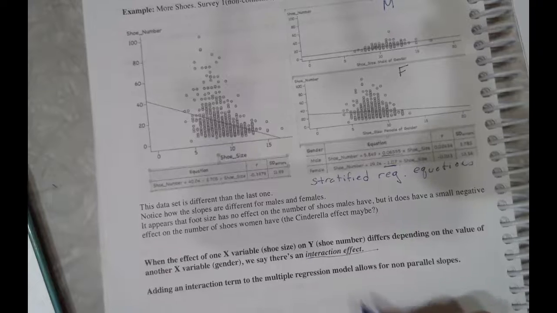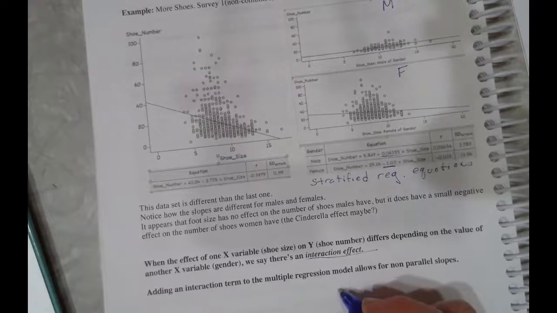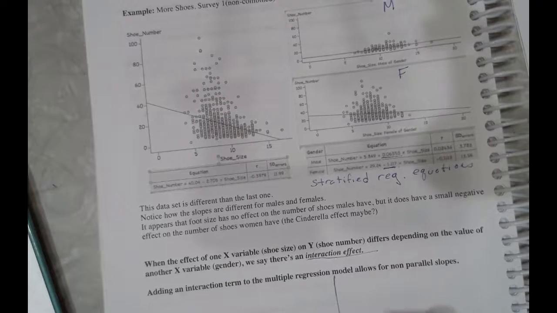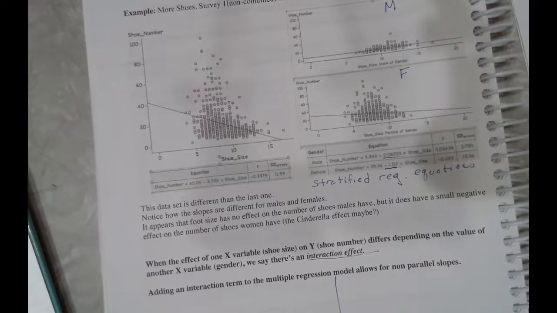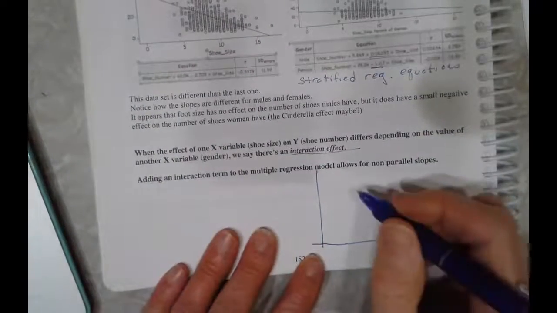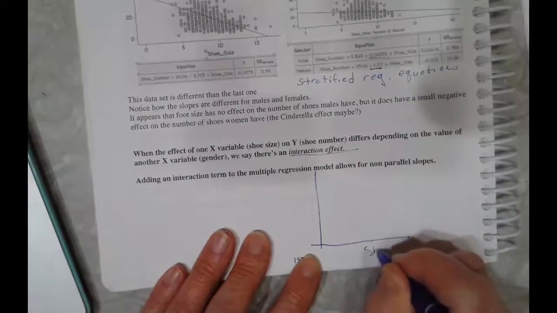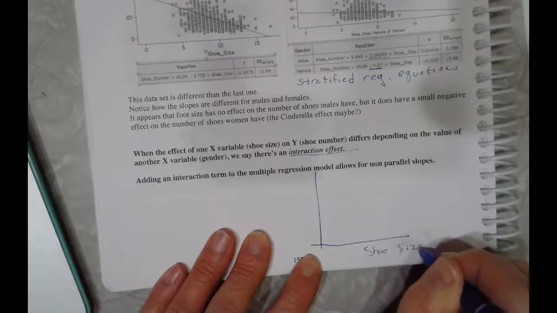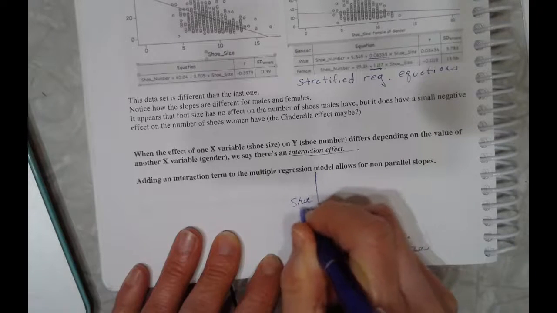So an exaggerated picture would look something like this. Okay, so there's shoe number and shoe size. This is shoe size, and this is shoe number.